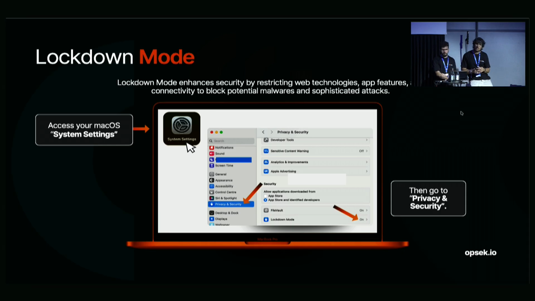Yeah, lockdown mode is the feature that Apple launched after having many zero-click, zero-day exploits targeting highly important people. And this is one of the few things that will protect you from that. We highly recommend enabling it. For example, if someone sends you an image in iMessage, it will not be downloaded automatically.